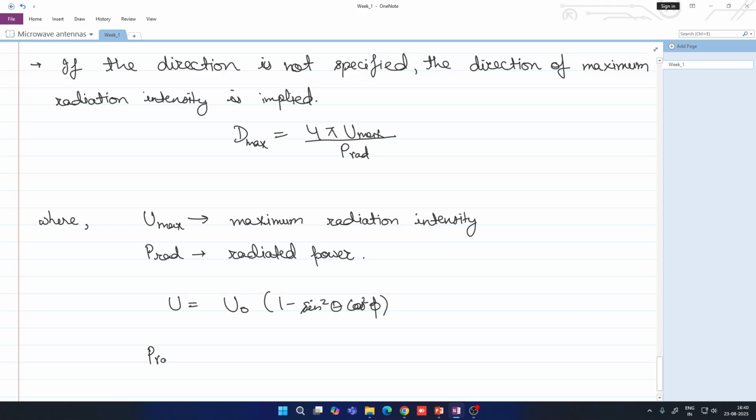Radiated power is calculated using the integral from 0 to 2 pi and 0 to pi, which is the average radiated power in all directions due to one antenna, U sine theta d theta d phi.